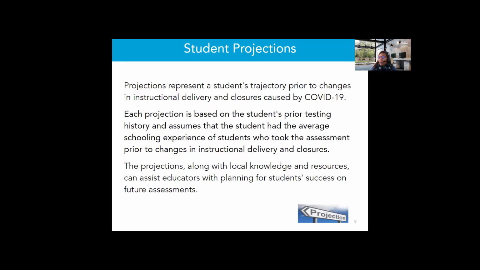We do put this in here just as a note. Projections this year are based on prior testing history, assuming that the student had an average schooling experience, and those testing histories are coming from tests that were taken prior to changes in instructional delivery due to COVID. So nothing that is being used in projection is due to our shutdown, our work at home, our school at home situation. Everything was taken from assessments that were given prior to COVID.